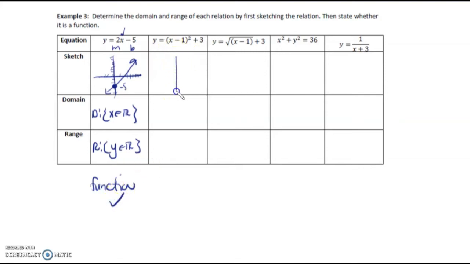Okay, the next one. This is going to be a parabola with the vertex at (1, 3), and this is going to open up because a is positive. For the domain, it goes left and right. It can go to the right and it can go to the left no matter what. So x is an element of the real numbers.